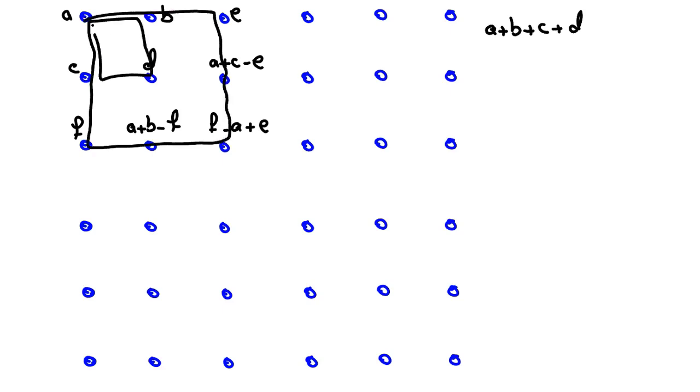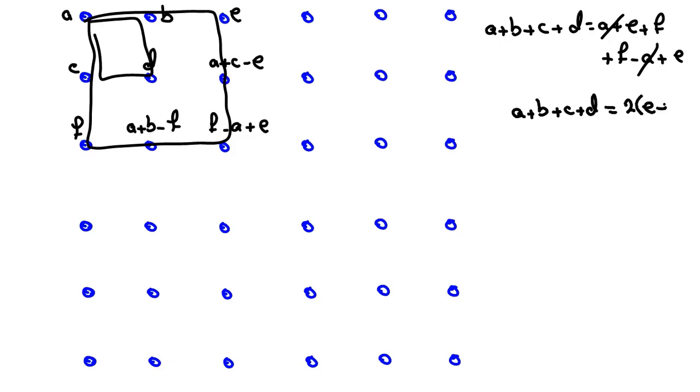The problem says the sum of the vertices of all squares are equal. So A plus B plus C plus D equals A plus E plus F plus this one plus F minus A plus E. Negative A will be cancelled, so the left side is A plus B plus C plus D. The right side is 2 times E plus F. So we found F in terms of A, B, C, D, E. And let's consider the sum that is constant in all of them.